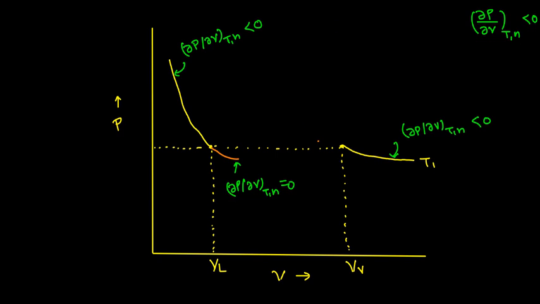Similarly, I can continue this till I reach a point such that at this point my del P by del V at constant T and N becomes 0. Now see, the system had already reached equilibrium at these two points.